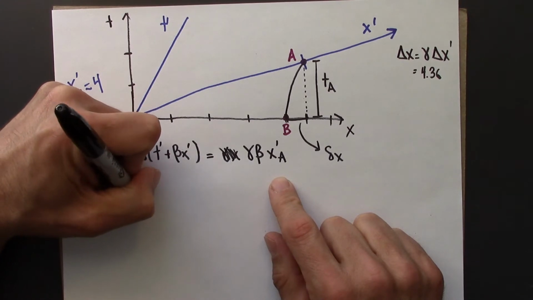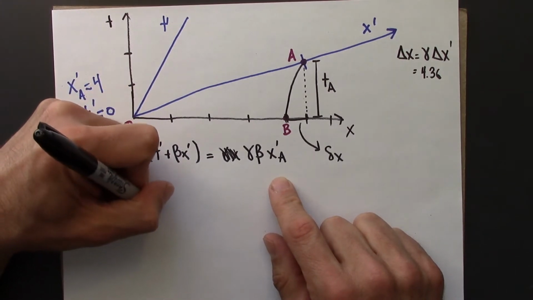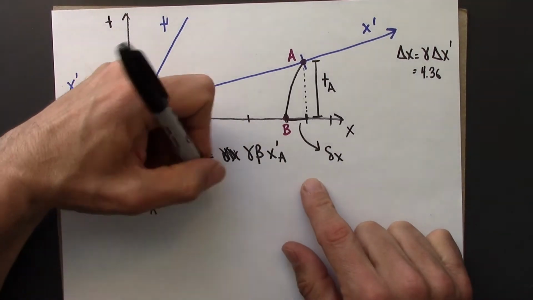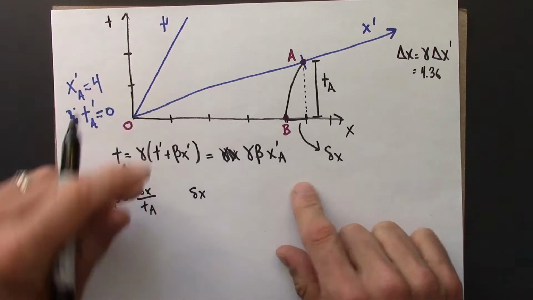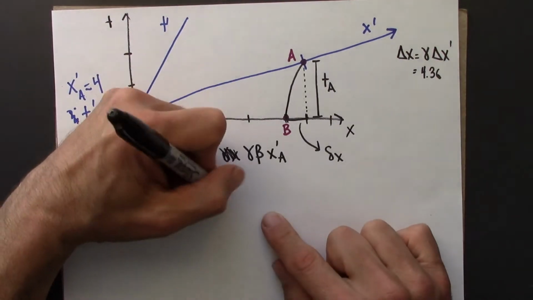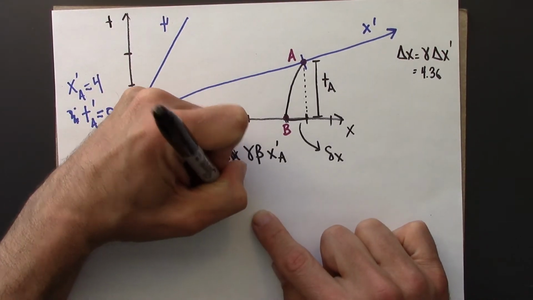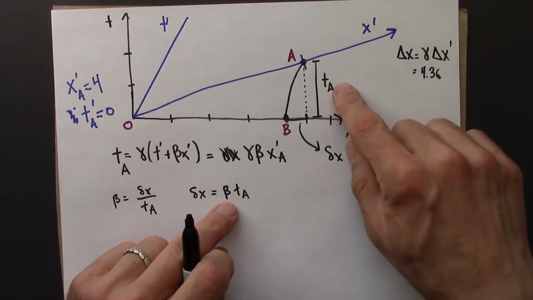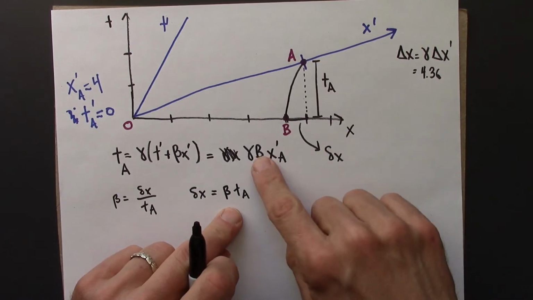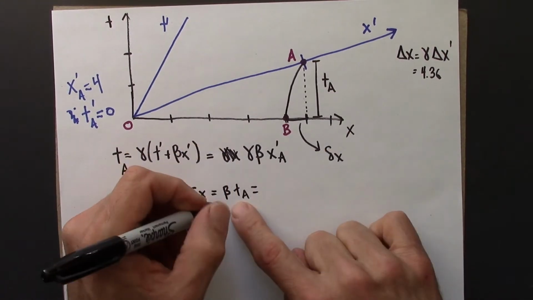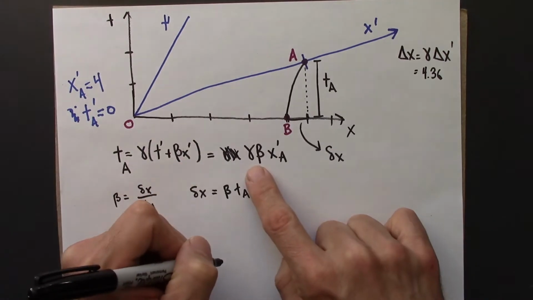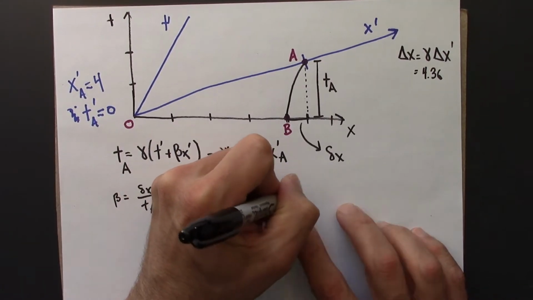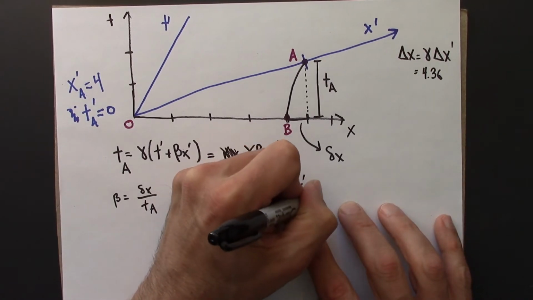Delta x over t A. And so delta x, that's what I'm looking for, moving t A over to the left, is beta times t A. Oh, and I know what t A is. I just figured it out here. So beta t A is beta times gamma beta x prime A.